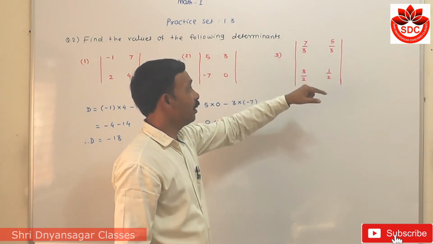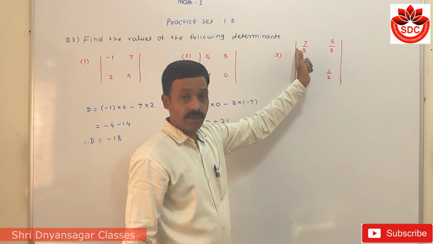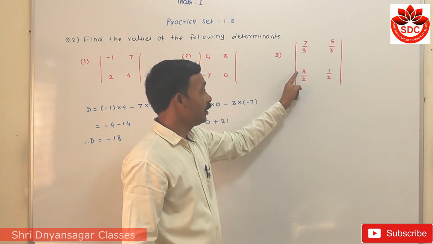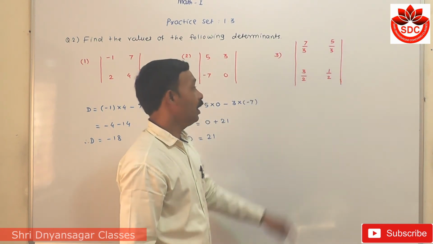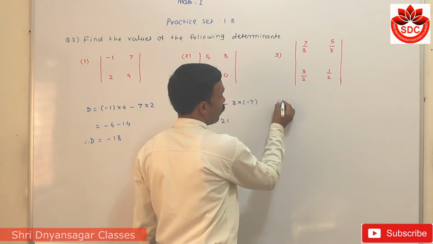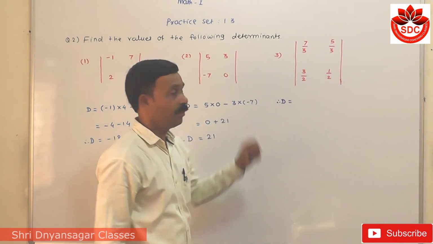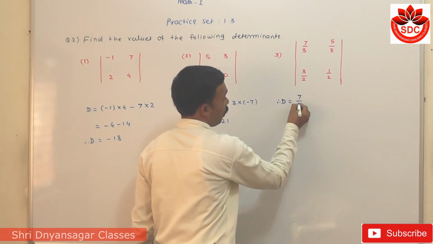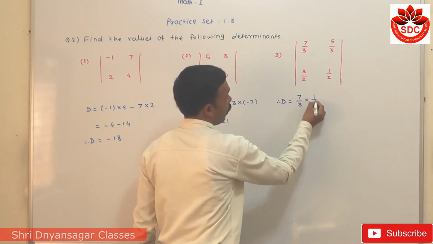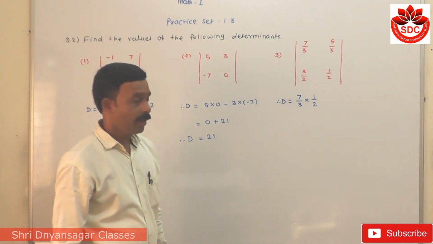Then we find out the value of the third determinant. Now here, 7 upon 3 and 5 upon 3 are in the first row, and in the second row 3 by 2 and 1 by 2. Now, the same rule: first we take this cross product, meaning 7 upon 3 into 1 upon 2.